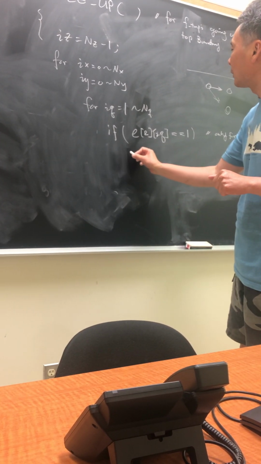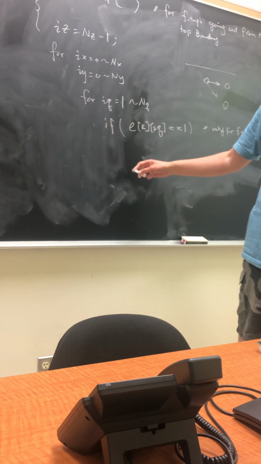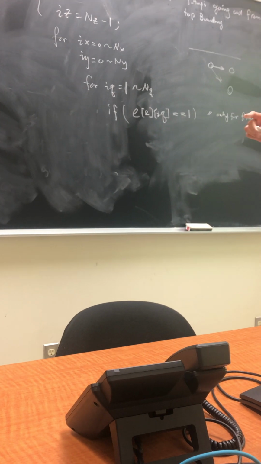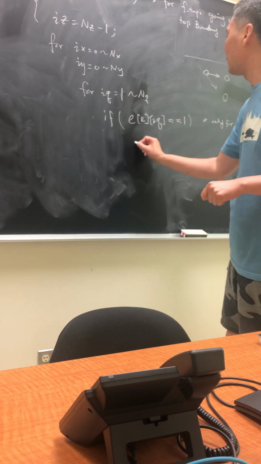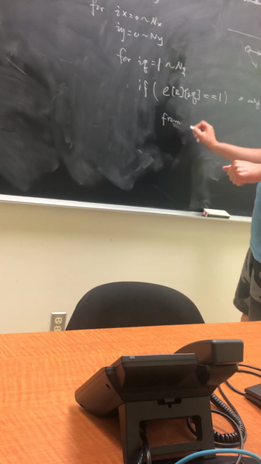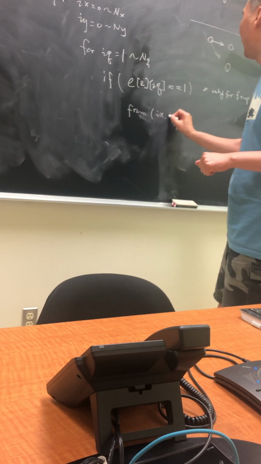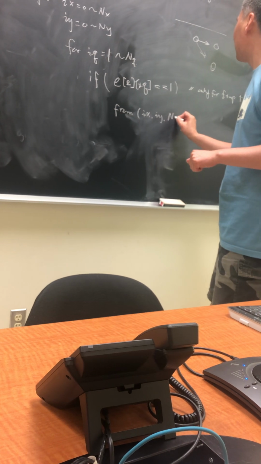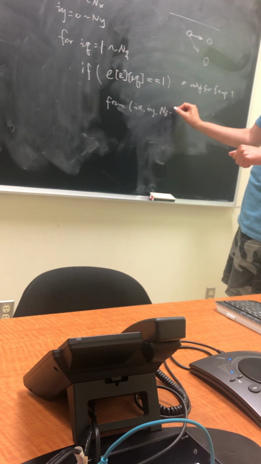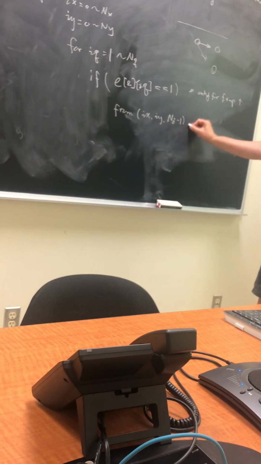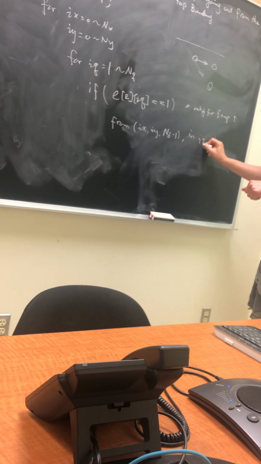So I will write, not exactly like the code, just the description, right? Okay. So it is from Ix, Iy, and Iz is Nz. You can see Iz, or you can see Nz minus 1, yes, right? In the Iq direction.